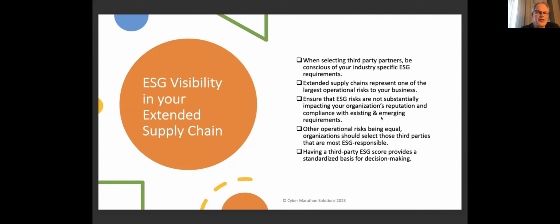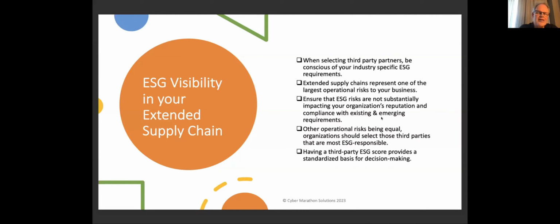So by focusing on your critical business processes first, you narrow down the scope of the numbers of third and fourth parties you're looking at, but you really need to understand those risks for your critical third and fourth parties as a starting point. And you need to understand that there are no outstanding issues there which may potentially impact your business.